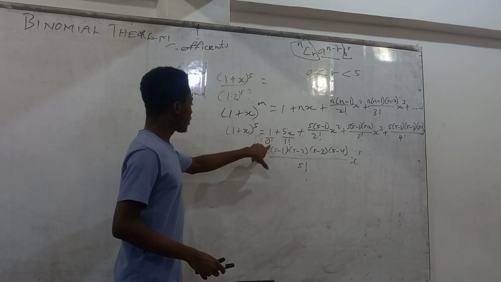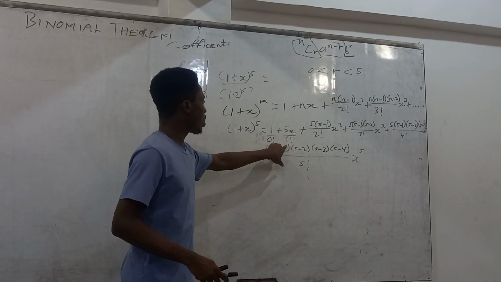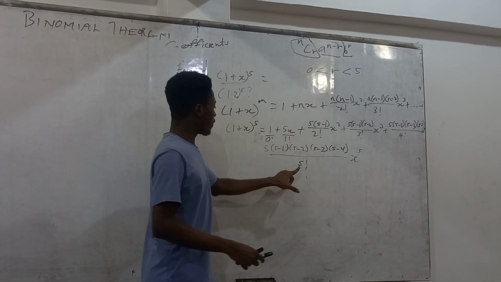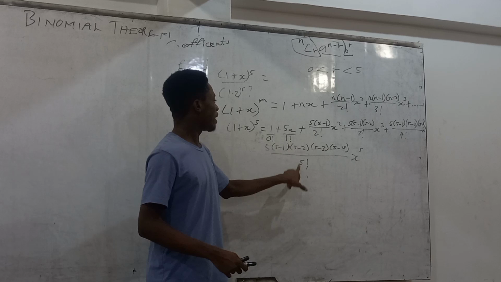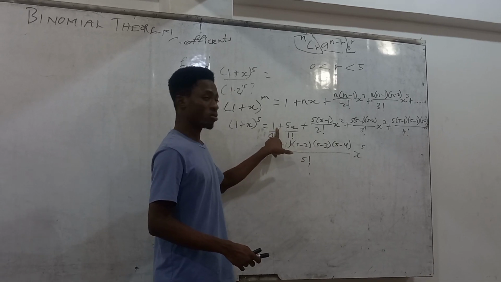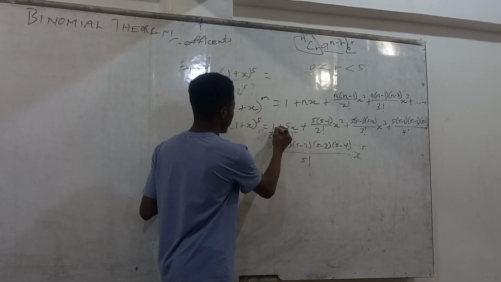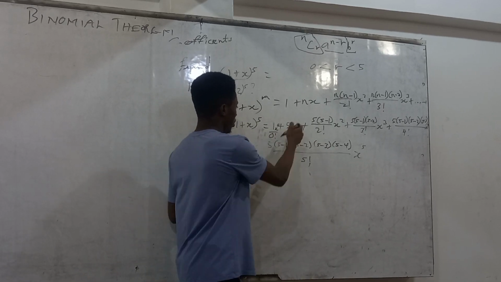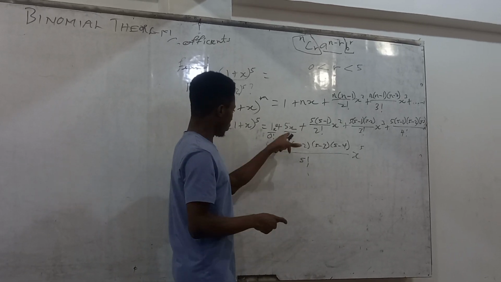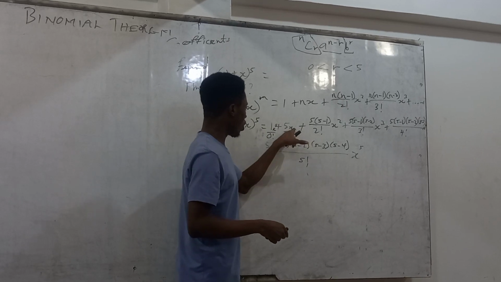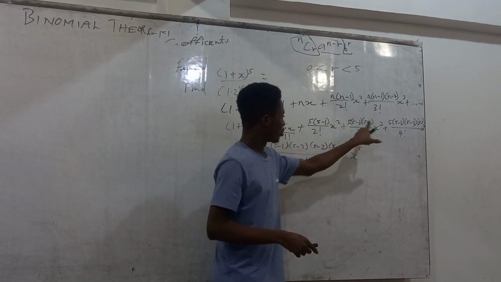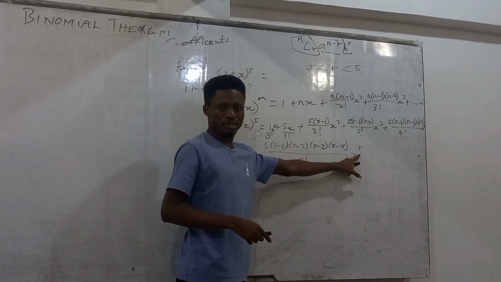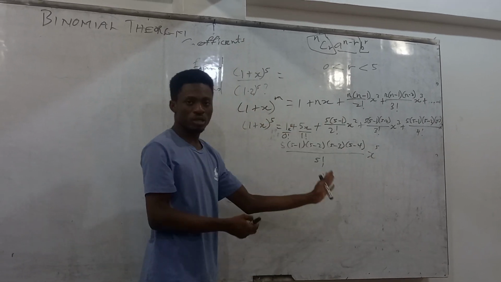So here it goes 0 factorial, 1 factorial, 2 factorial, 3 factorial, 4 factorial to the 5 factorial. Then the exponent for here was 0. You can see it, x to the power 0 is 1. So it started increasing: 1, 2, 3, 4, 5. You get it? So these are the tricks in the formula.